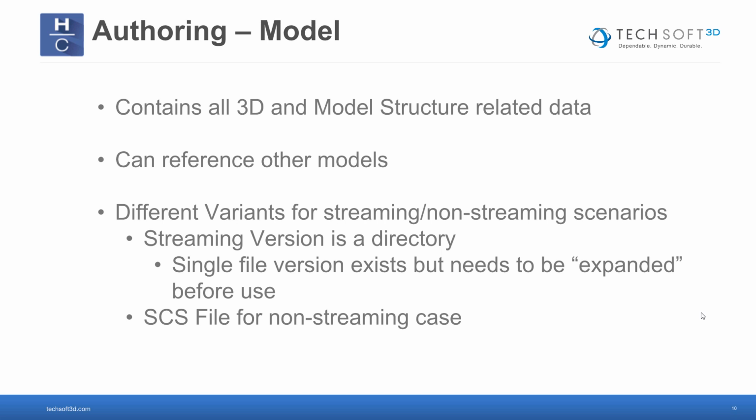Now, we realize that storing directories of multiple files can be a pain, so we do have a number of single file options for Communicator. The first one is called SCZ, and we talked a little bit about this in the past, but SCZ files are essentially that directory zipped up into a single archive.